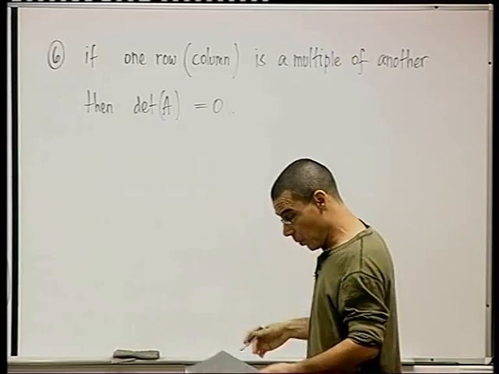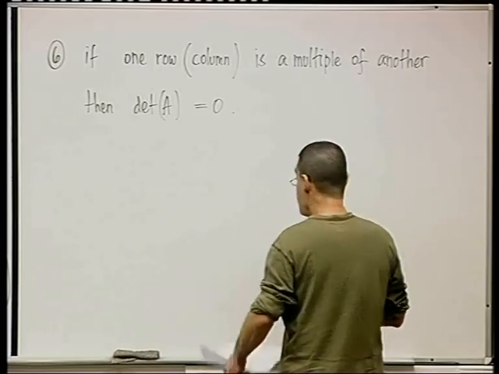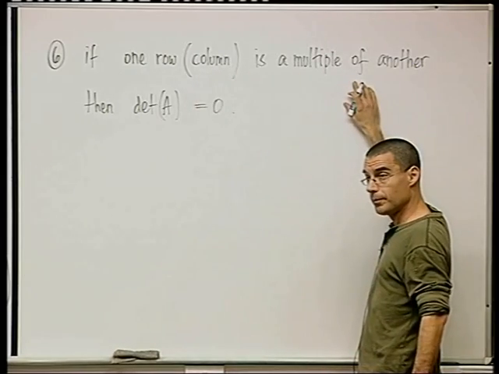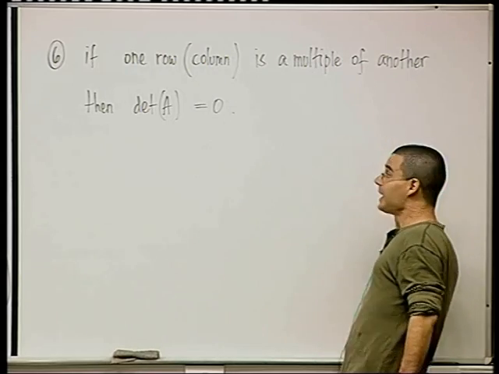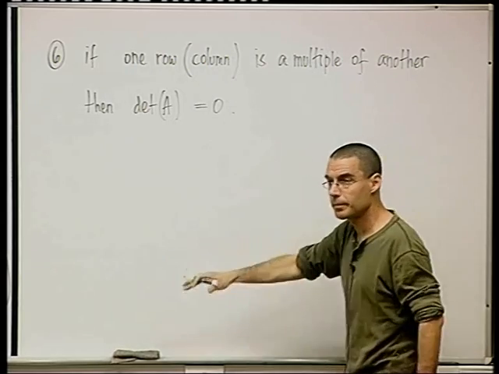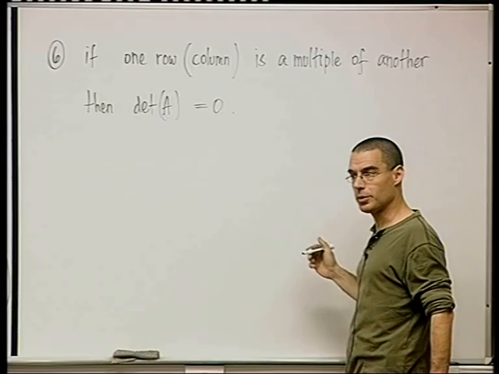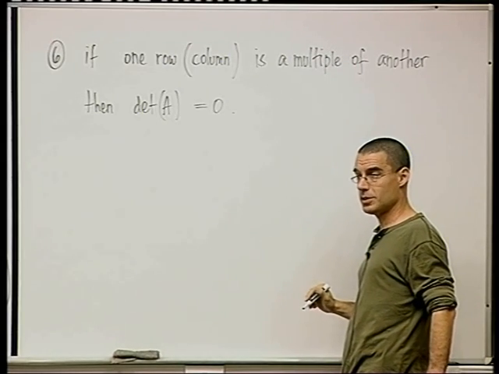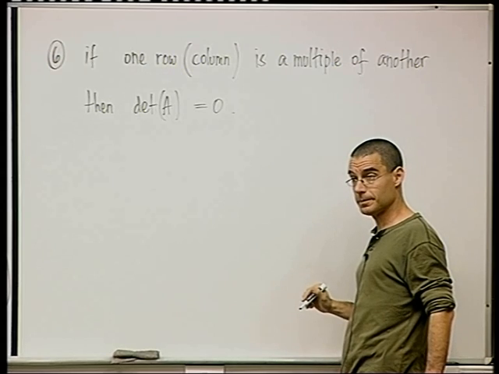Okay, so why is this true? If one row is a multiple of another row, take out the scalar multiple. You'd be left with 2 equal rows. And when there are 2 equal rows, we know that the determinant is 0. Do you agree?